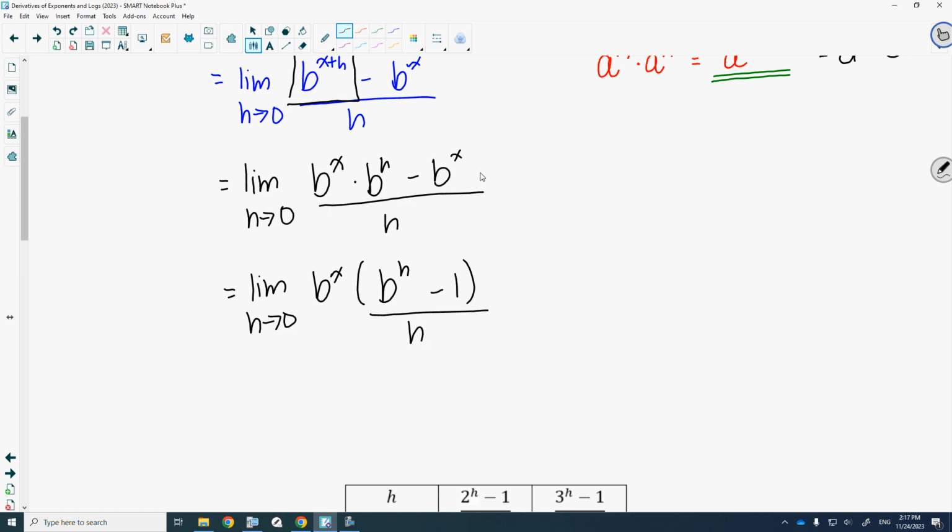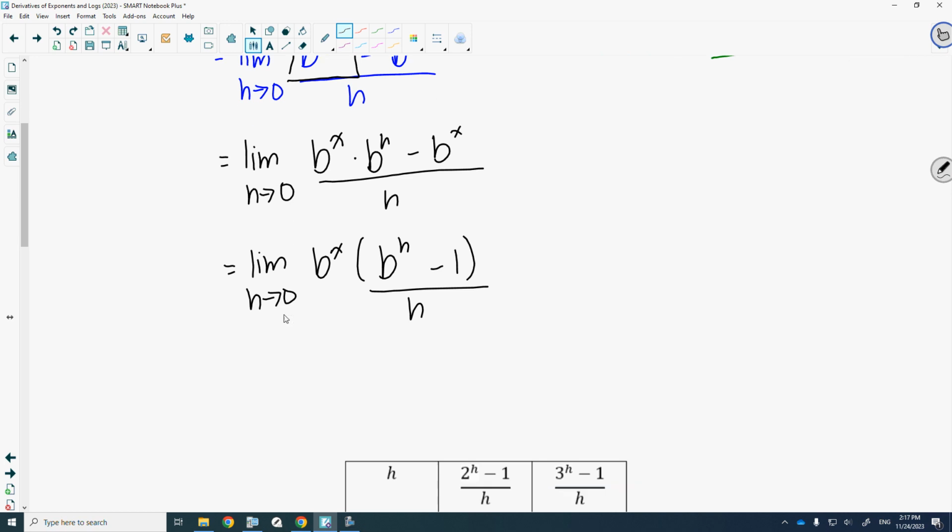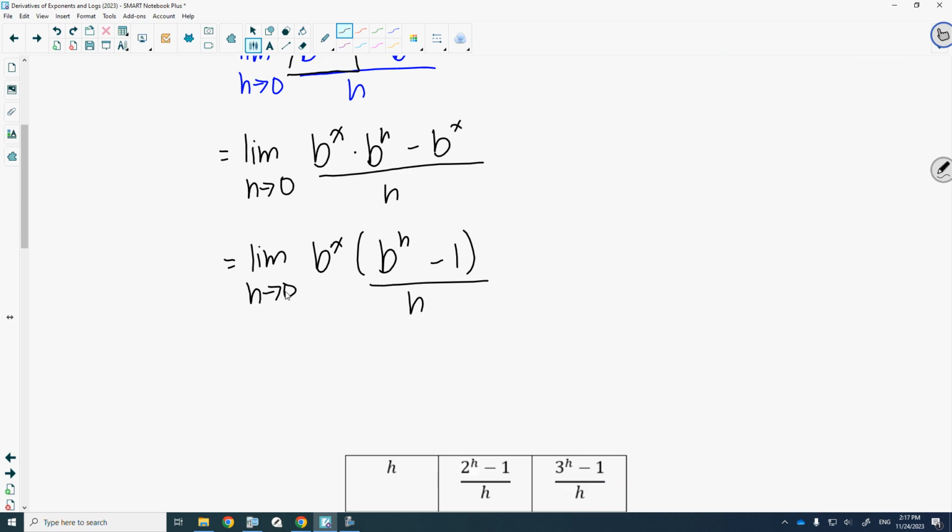Okay, so what's happening is our limit is going to be as h approaches 0. Now, this is going to give me an issue here, right? Because the h is being affected by the 0. But this part of the limit isn't being affected as h approaches 0. So what I could do is I could actually pull that out.